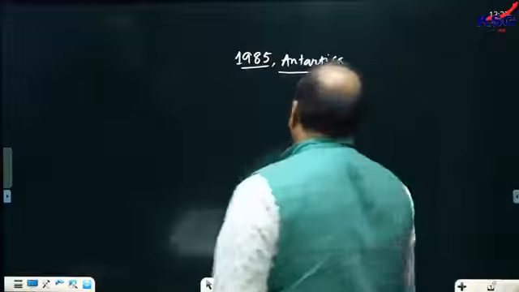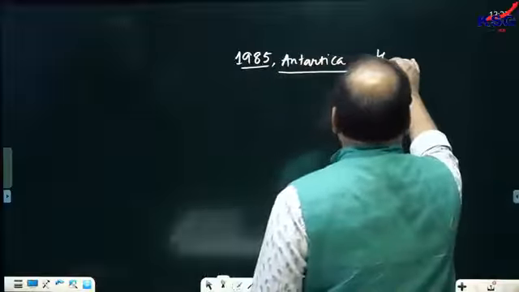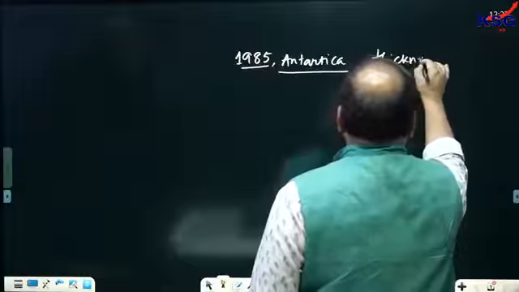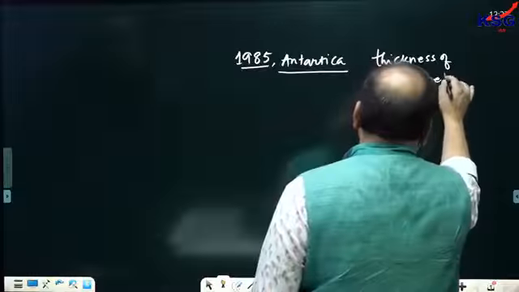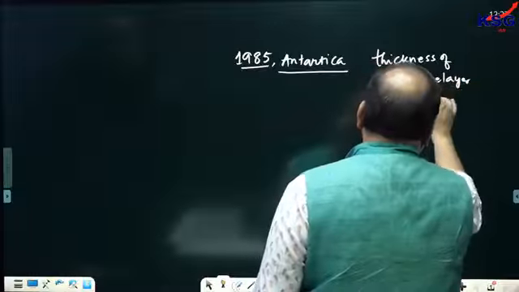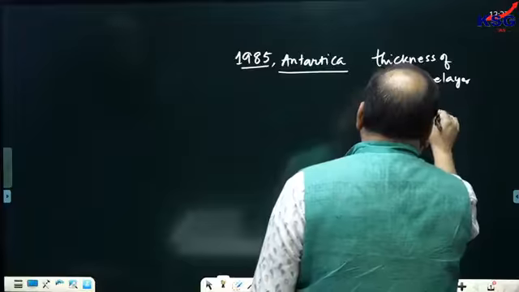Where the thickness of the ozone layer is measured in a unit which is called Dobson unit.